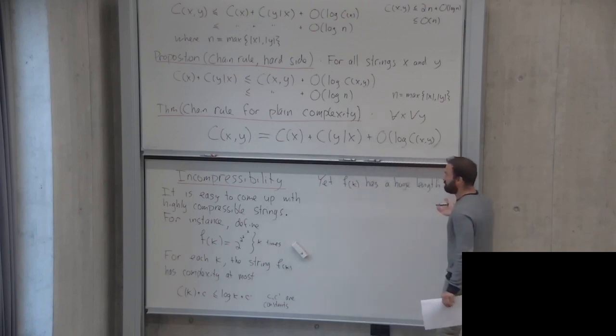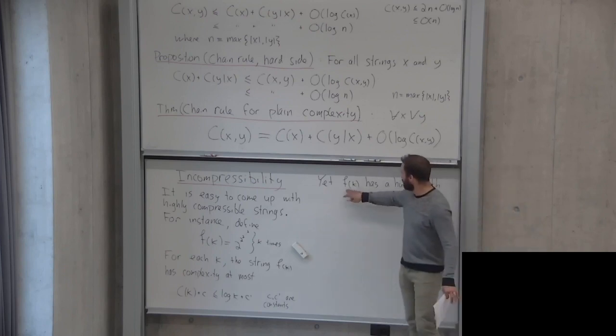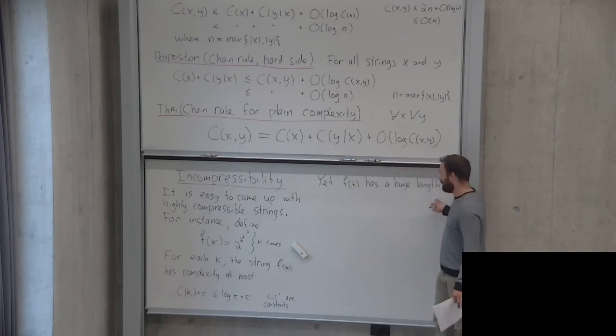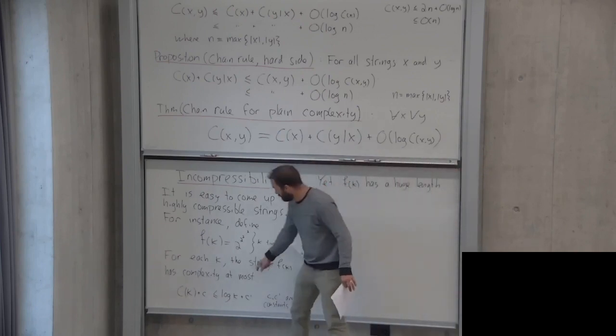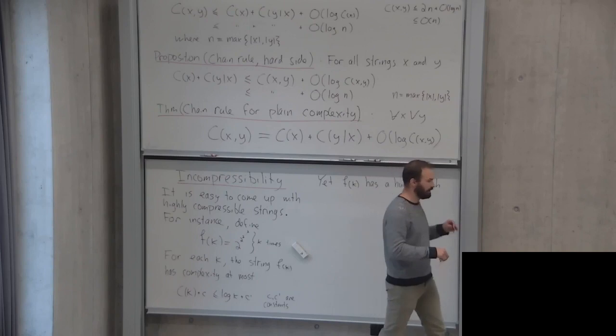Okay, so it's just a fun way to come up with highly compressible strings. By compressible, I have not formally defined it, but I mean a string whose complexity is much, much, much smaller than the length of the string. So this string f of k has a huge length, yet it has a small complexity compared to its length.